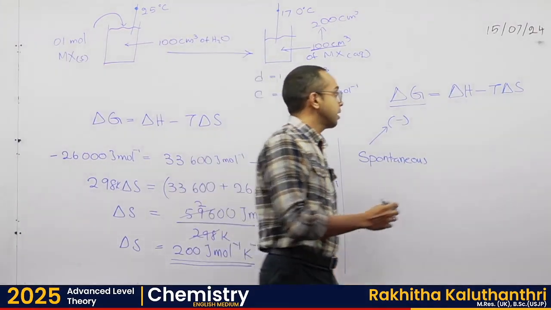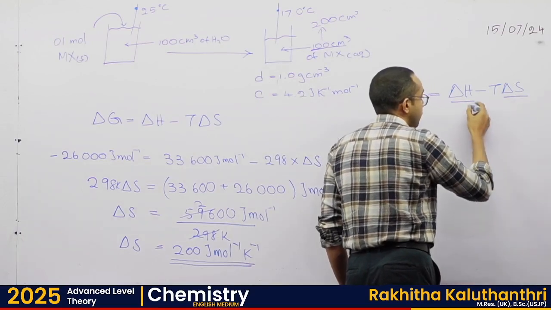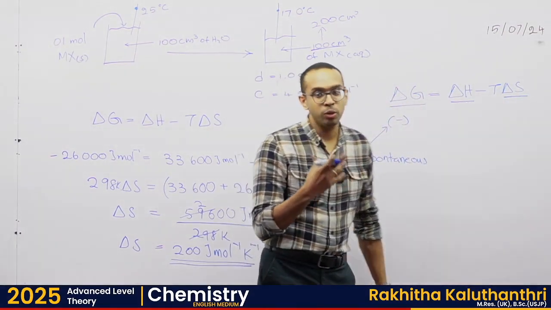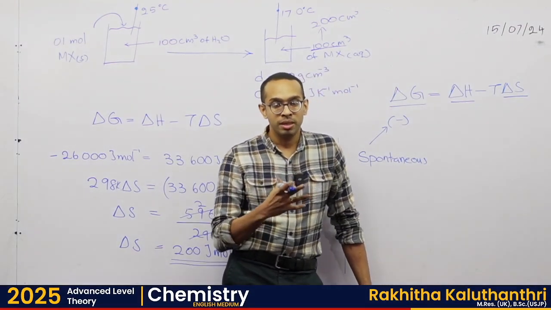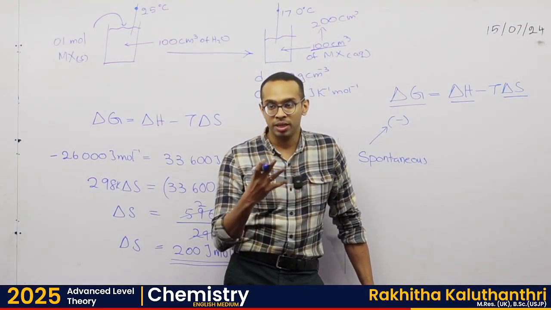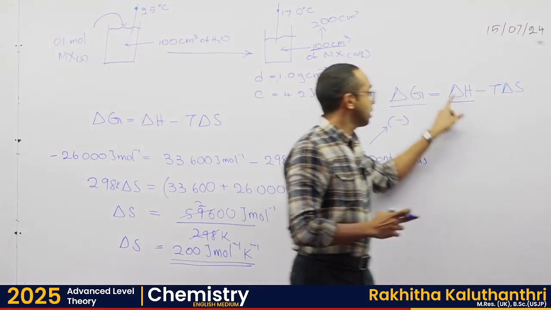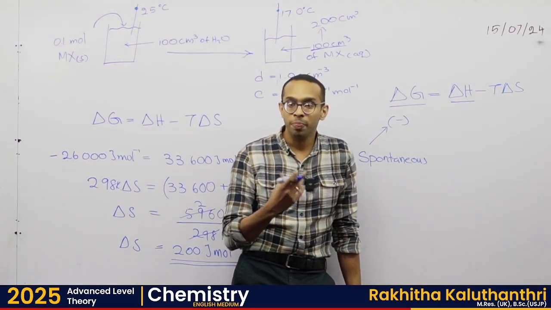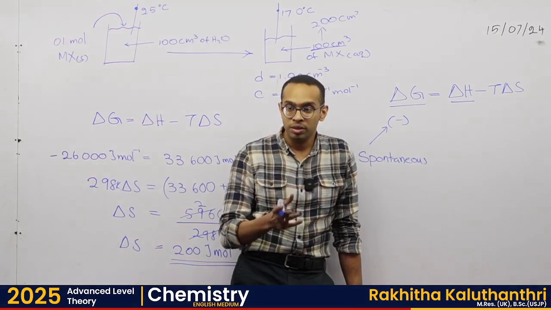Clear? Now these delta H and delta S values, we usually think with temperature they don't significantly change. Delta S usually changes, but, sorry, not delta S, my bad. Delta H usually doesn't change with temperature that much. There's no significant increase in delta H with temperature.